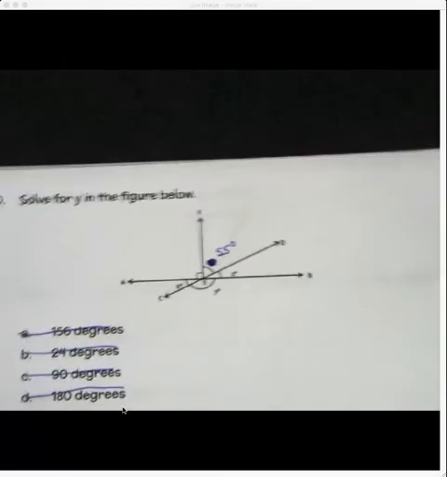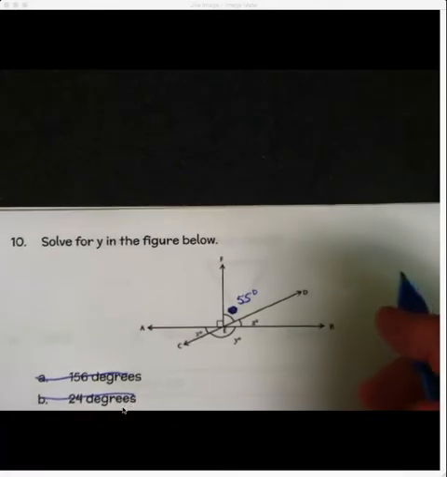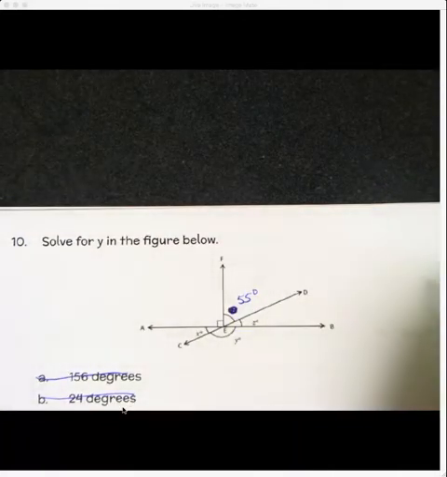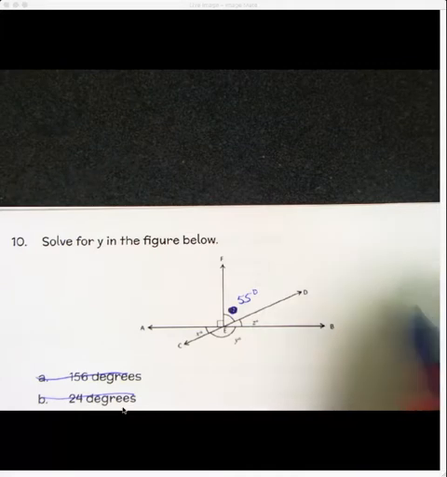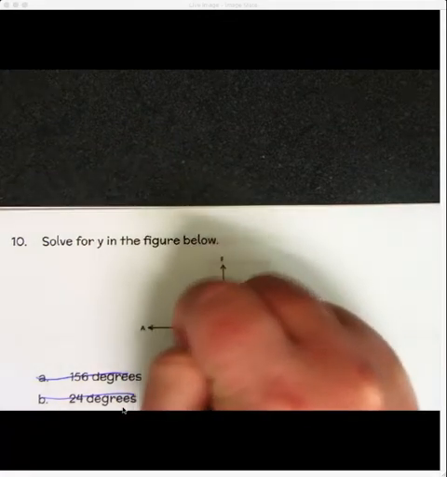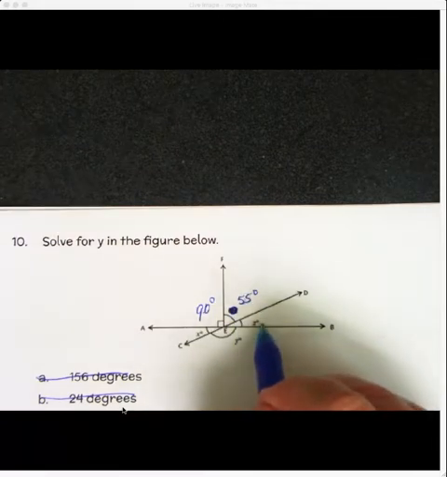All right, same thing on number 10 here. I've changed the numbers again. Solve for y. Oh my goodness, we're only given one measurement, 55. Oh no, we're given two because look right here. What kind of angle is this? This is a 90-degree angle. It's a right angle. So we have 90, 55, and we need to know this.